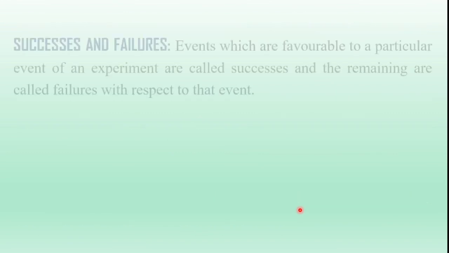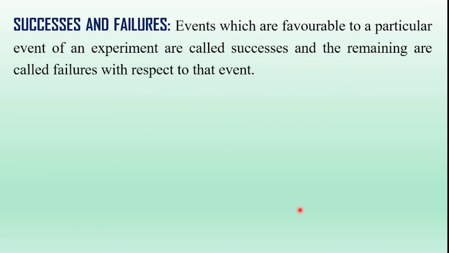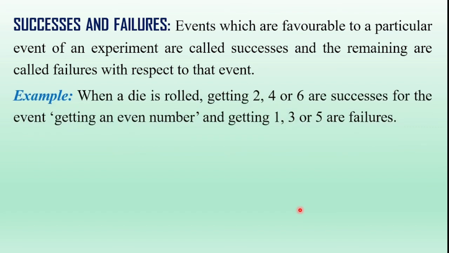Next event is success events and failure events. And what is a success event and what is a failure event? Events which are favorable to a particular event of an experiment are called success events, and the remaining events are called failures with respect to that event. For example, when a die is rolled, the possible outcomes of the experiment are 1 to 6.